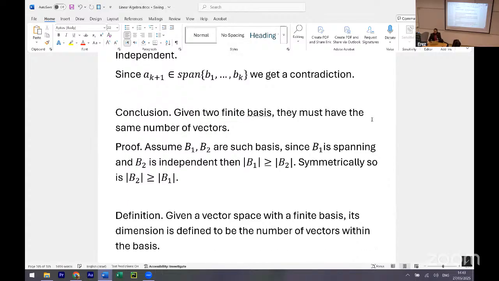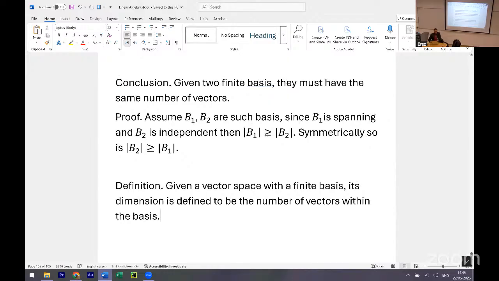And it's a good definition because every two bases have the same amount of vectors. So it couldn't be that the dimension is such if you look at this basis, and such and such if you look at that basis. All bases have the same amount of elements. Any questions?